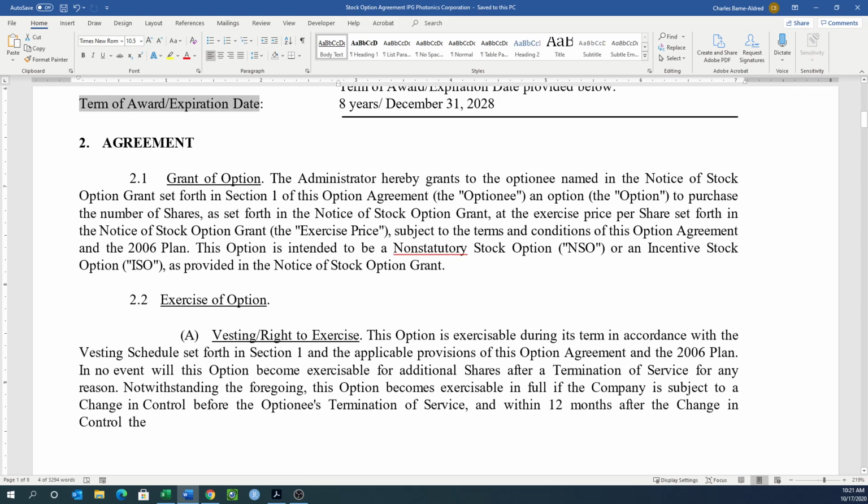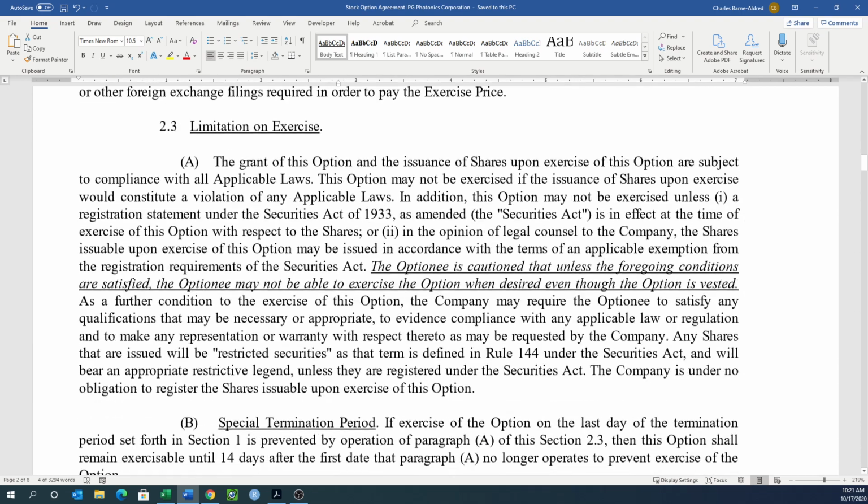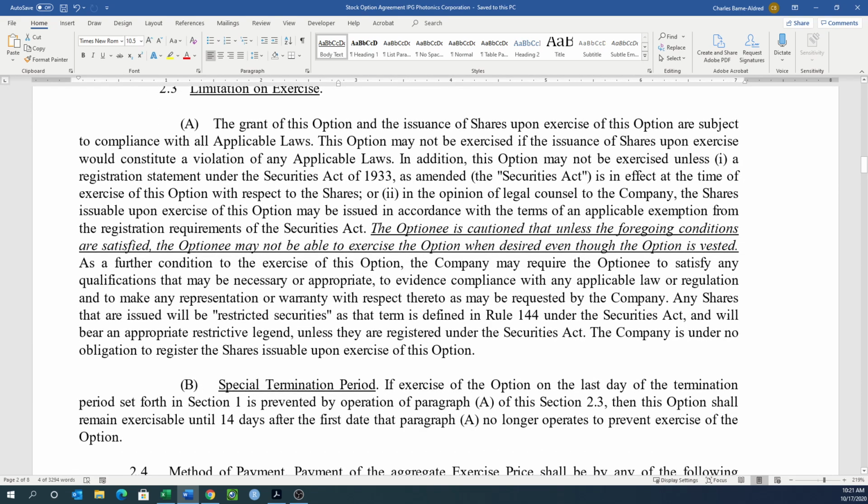Now, there's a lot of other information in the option, when they get to exercise it, etc. Some of this information may be useful, most of it's not, but it's something that you should at least take a look at when you are trying to advise your client and also advise your client's employees. Because this is not just about writing the option.